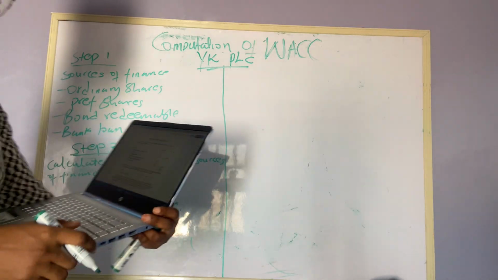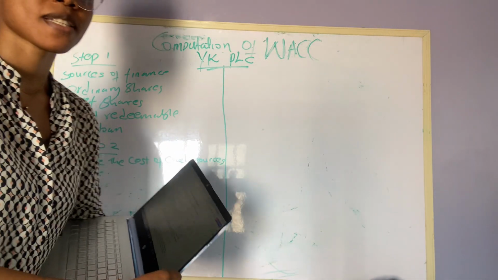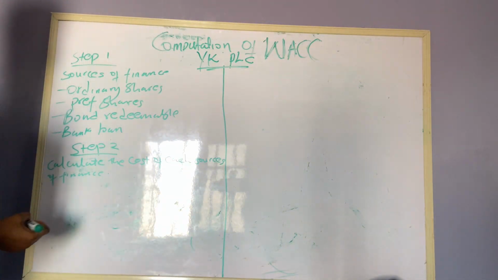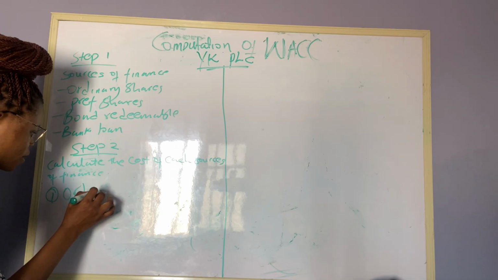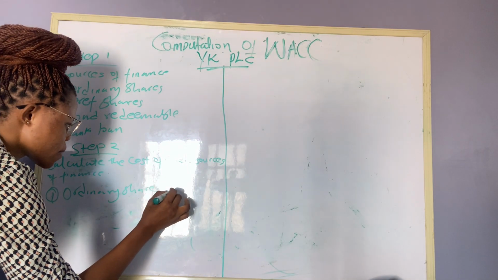So which means now we are going to start with ordinary shares. Number 1, ordinary share capital.